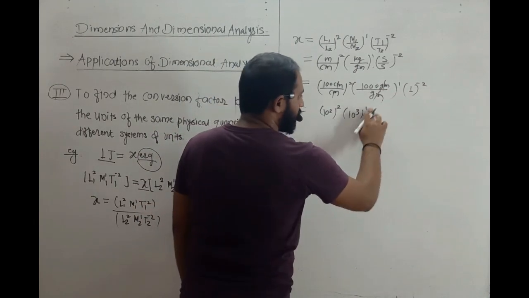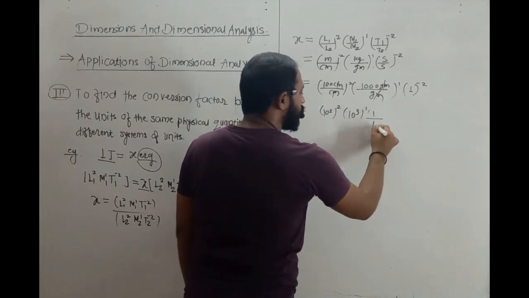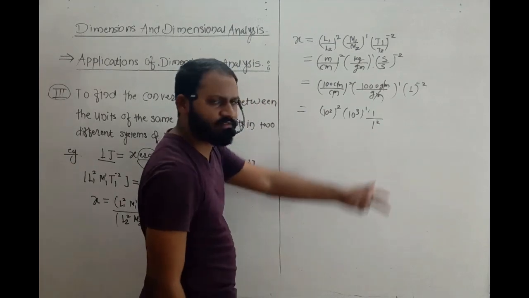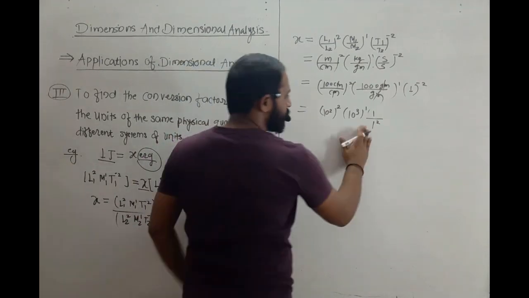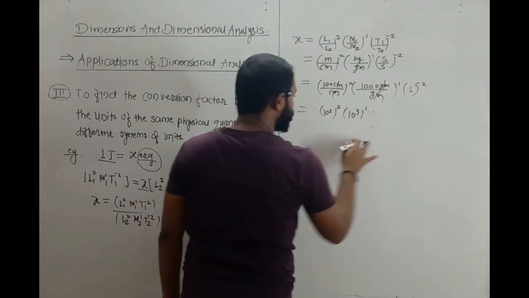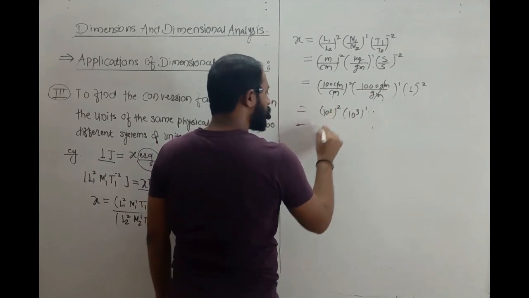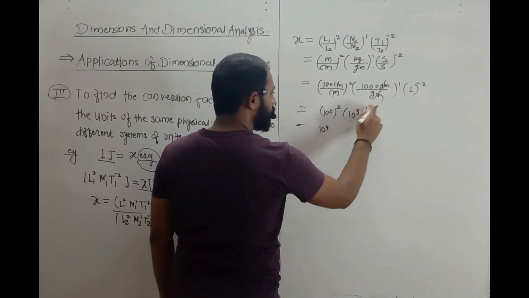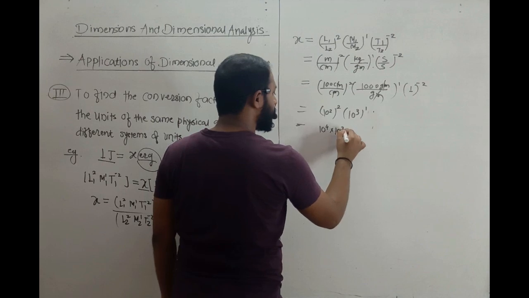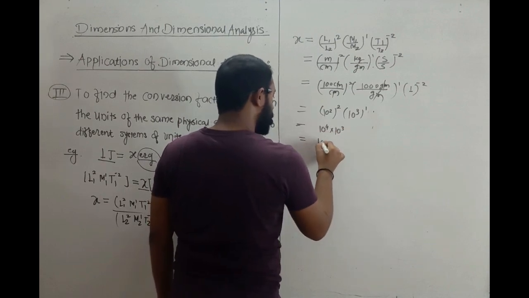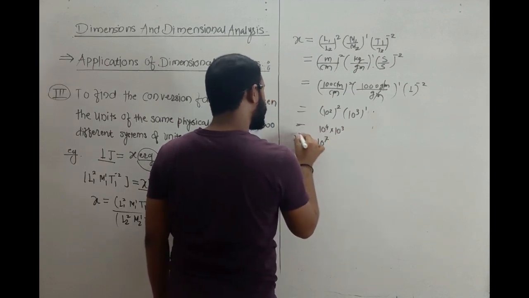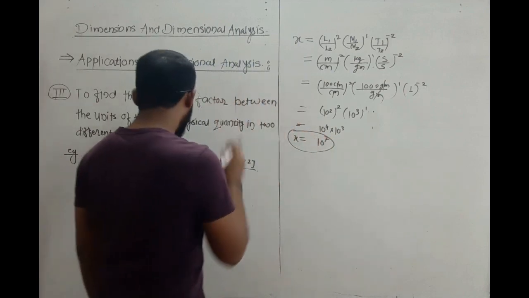Now see, I can write this down like 1 upon 1 square. 1 square is nothing but 1. 1 by 1 is 1. Therefore, I can remove it. Now see, 10 power 2 into 2, 10 power 4. 10 power 3 into 1, 10 power 3. This becomes 10 power 7. X equals how many? 10 power 7.